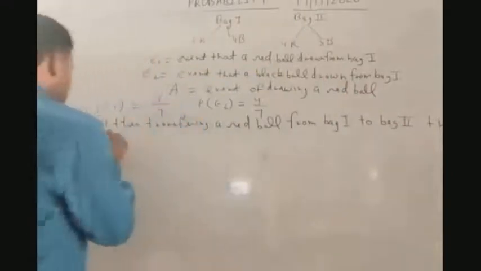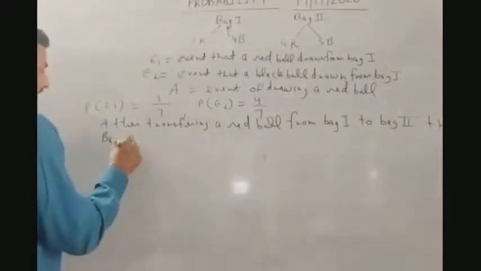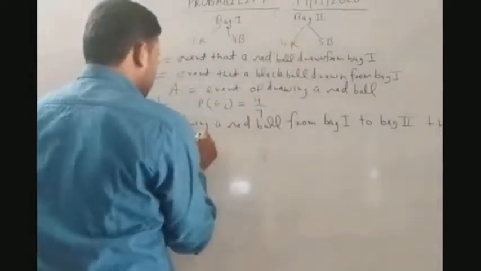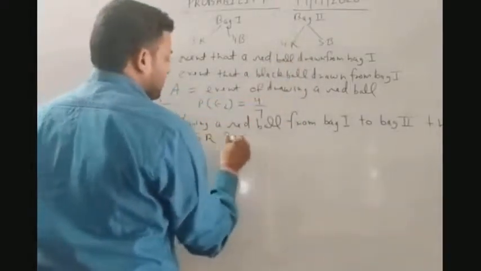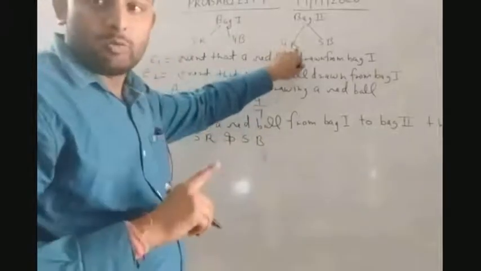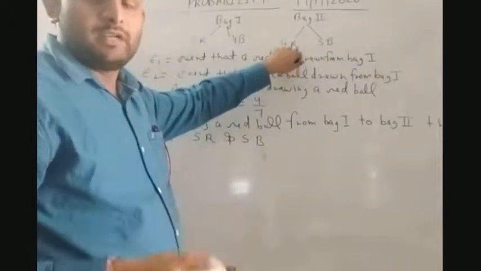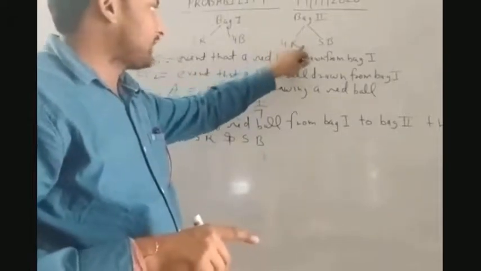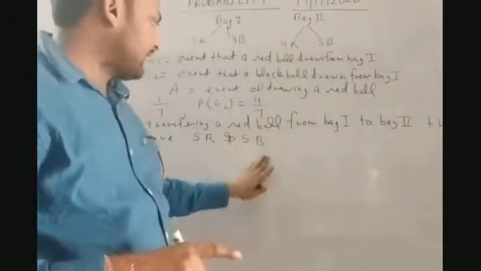Then bag second has 5 red and 5 black balls, because there were already 4 red balls and we are transferring one red ball here. So the total is 5 red and 5 black.